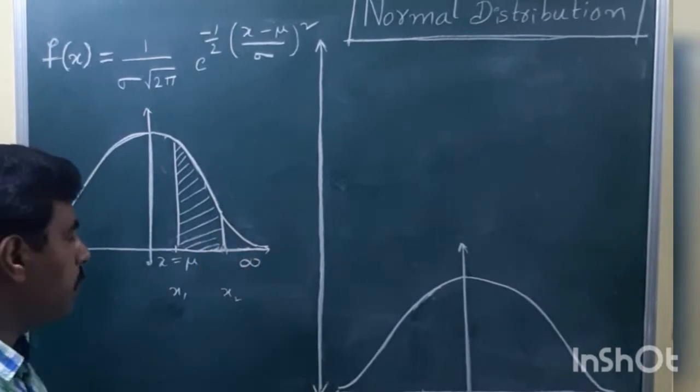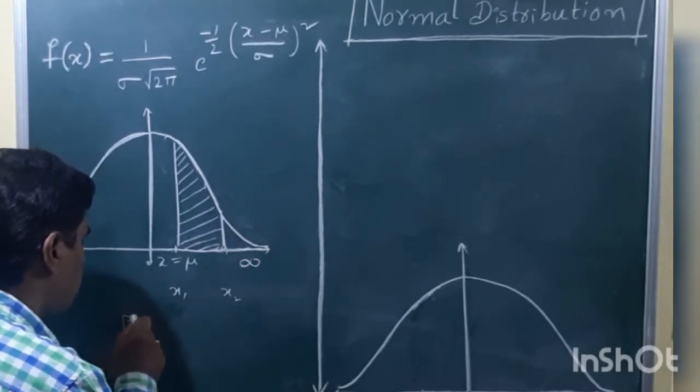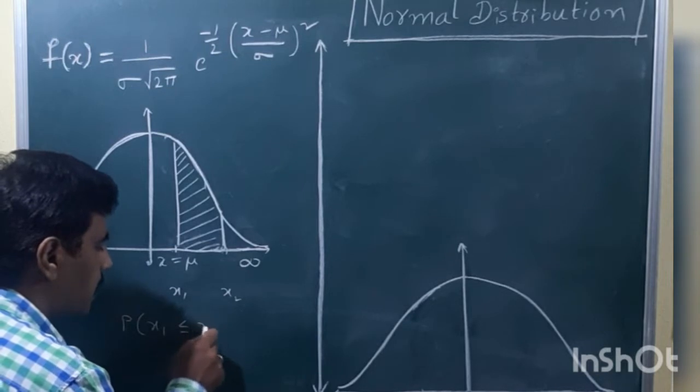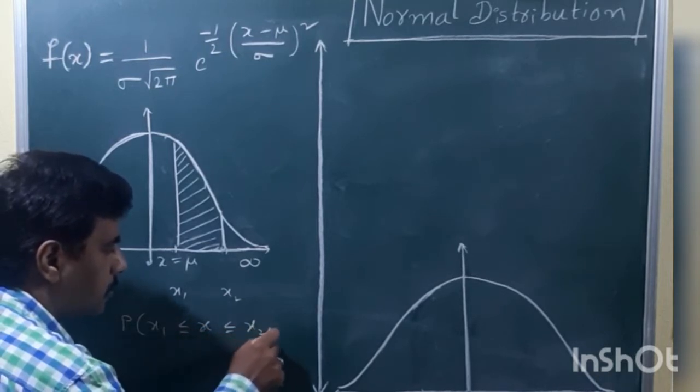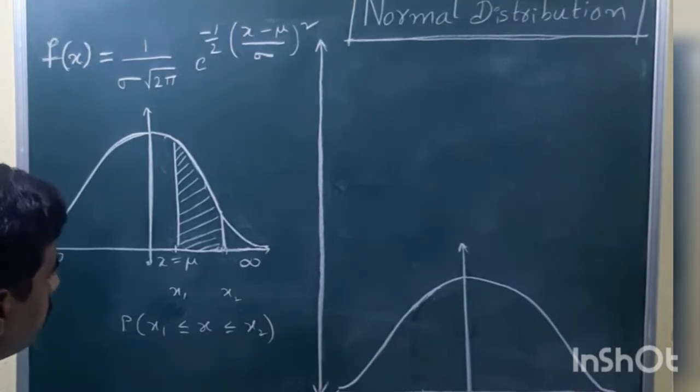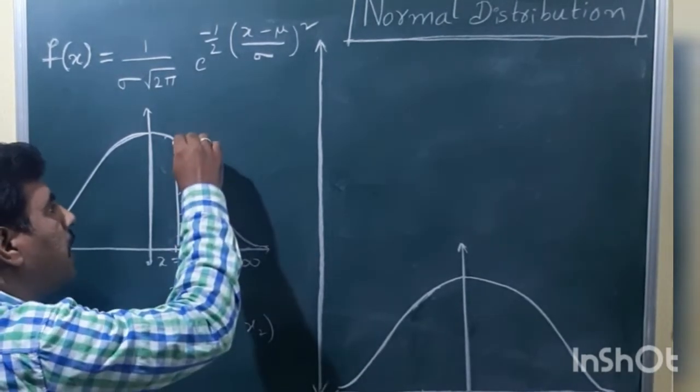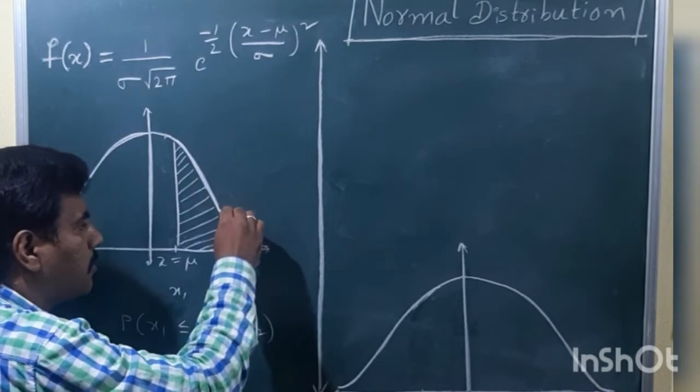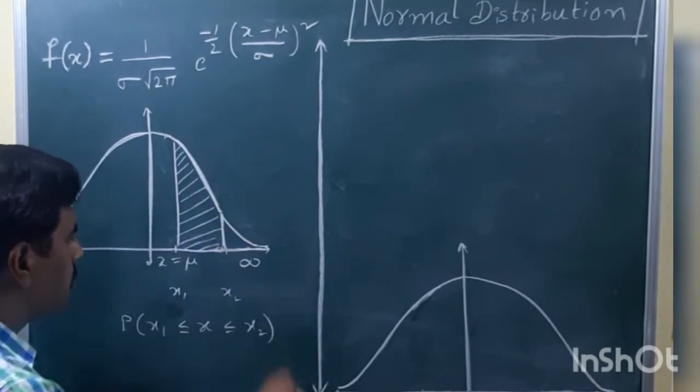That is the probability x1 is less than or equal to x is less than or equal to x2. Therefore, in order to find this probability, we need to find the area under this curve between x1 and x2.